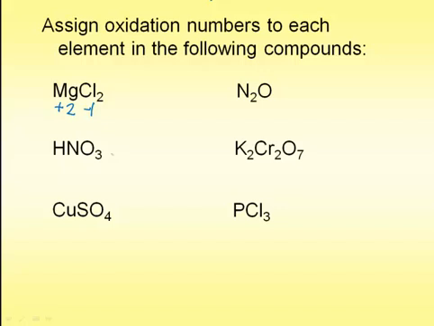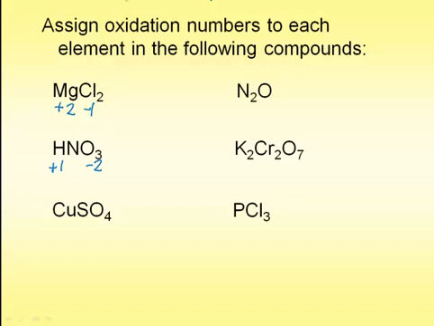In the compound HNO3, we can go ahead and give hydrogen its +1 oxidation number. And we can give each oxygen a -2 oxidation number. Now to figure out the oxidation number of nitrogen, we're going to have to use this fact that the sum of all the oxidation numbers should add up to the charge of the object.